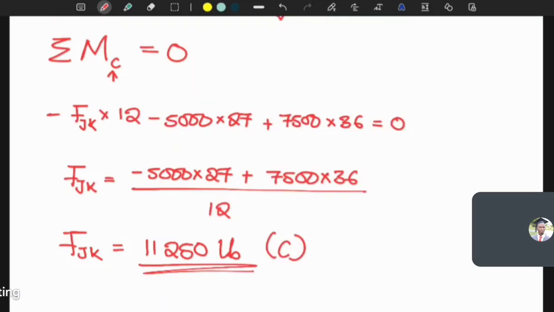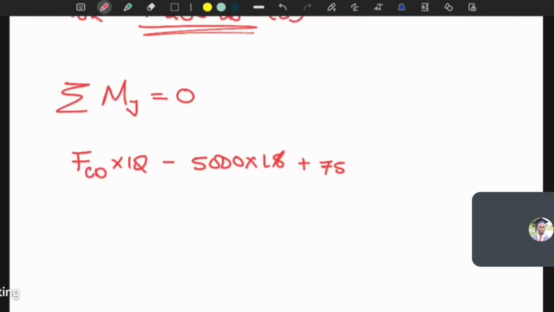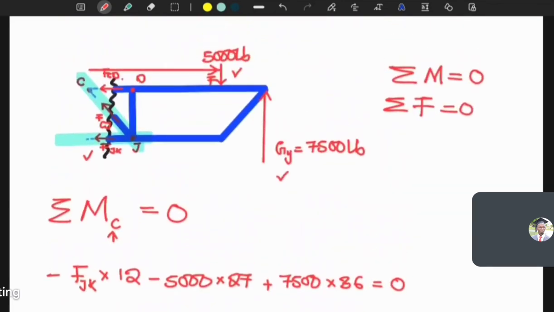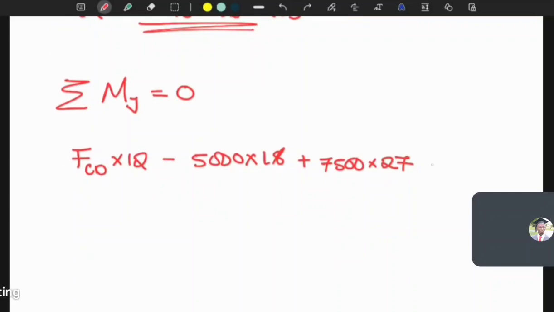And GY is 7,500. The distance we saw is 27, which is from here all the way up to the line of action for GY. So now we just have to solve this for FCD.